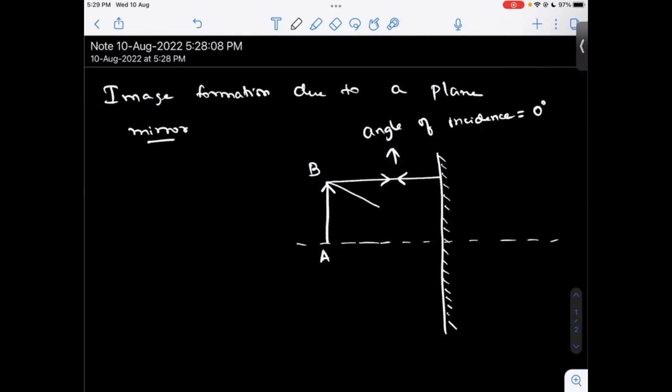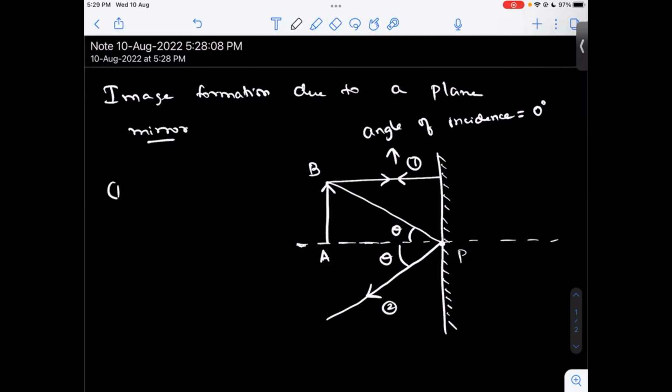And if I take a ray that is hitting this point, let me call it P, and this angle is theta, at the point of incidence we should draw a normal, which is perpendicular to the surface. When you do that, this ray will get reflected back in this format, so that this is also theta. Now, what can you say about the first reflected ray and the second reflected ray?